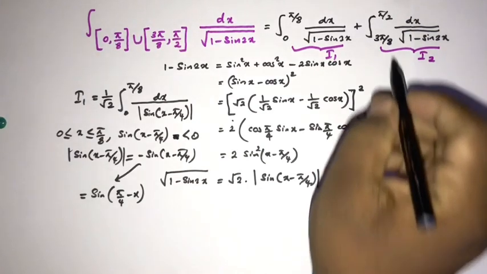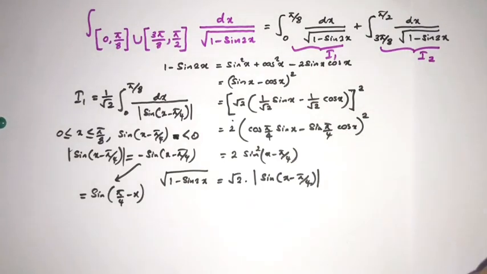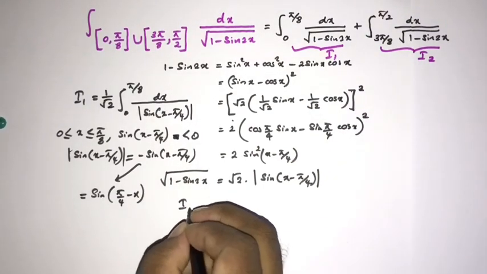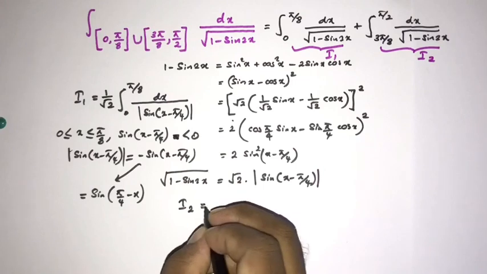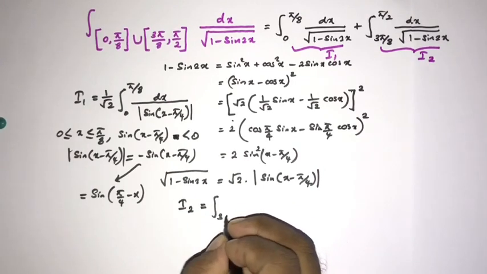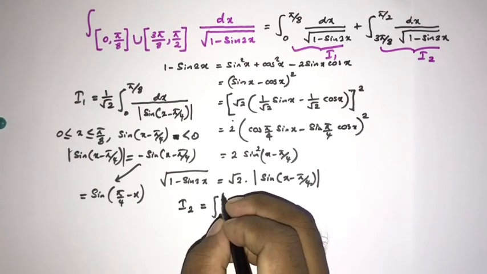Now if you consider I2, I2 is the integral from 3π/8 to π/2.